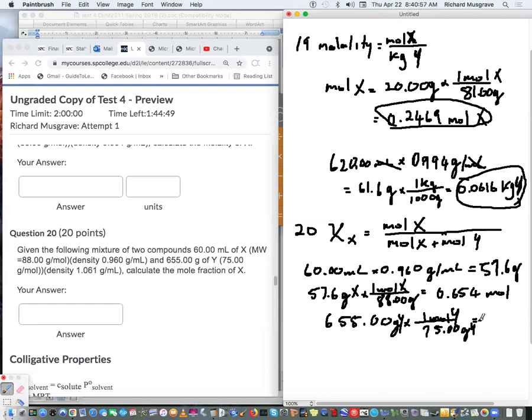So 655 divided by 75. Okay, we get 8.73 moles. So then I just substitute those values in up here. So that's moles of X, this is moles of Y. And then that'll give me my answer there. Does anybody have any questions about number 20?